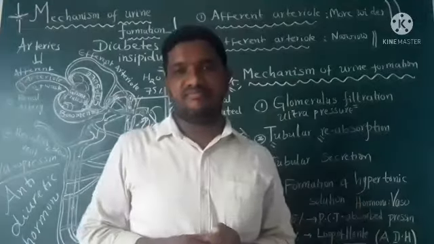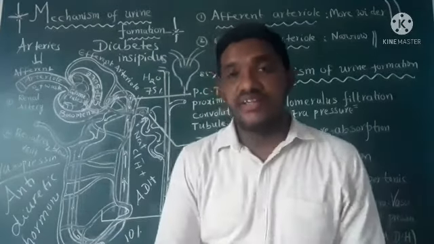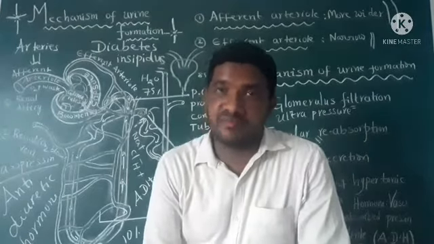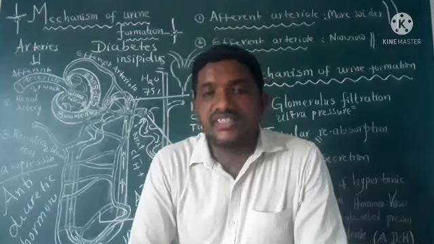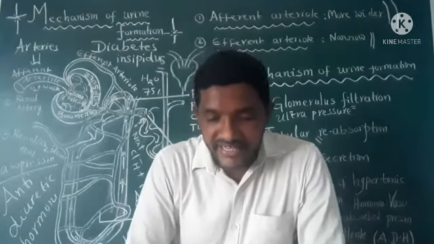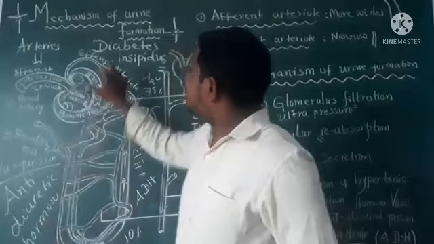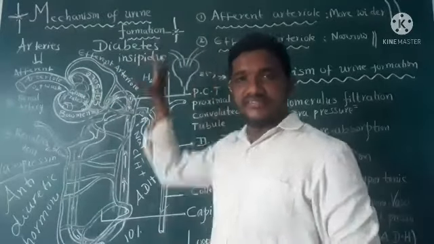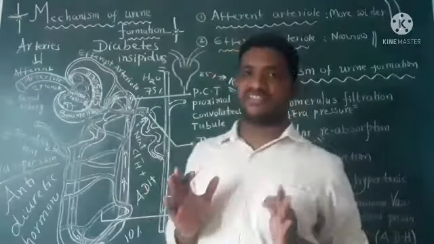Remember. Okay. If this hormone is deficient in our body, then what happens? It causes excessive, repeated, dilute urination called diabetes insipidus. This is the topic, mechanism of urine formation.